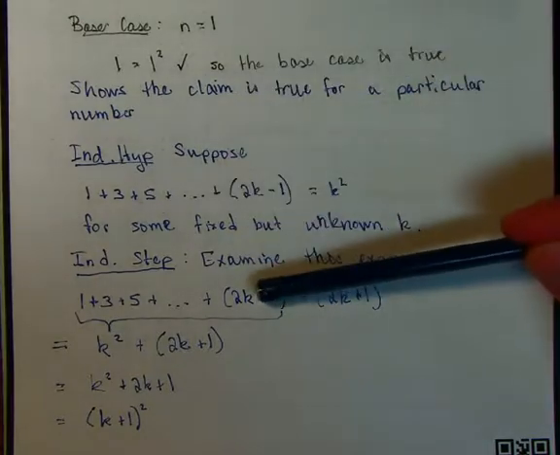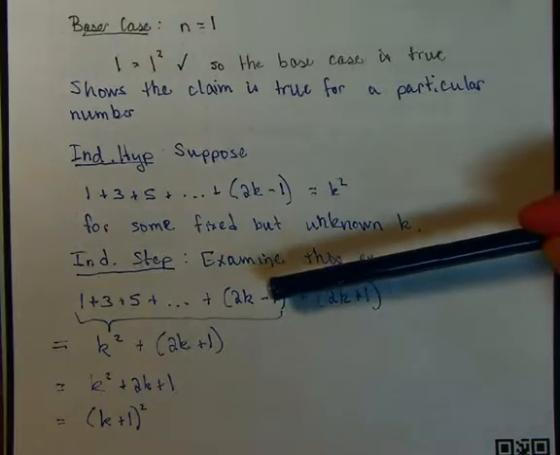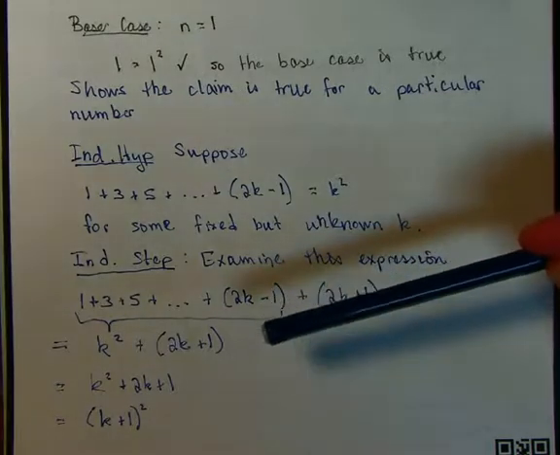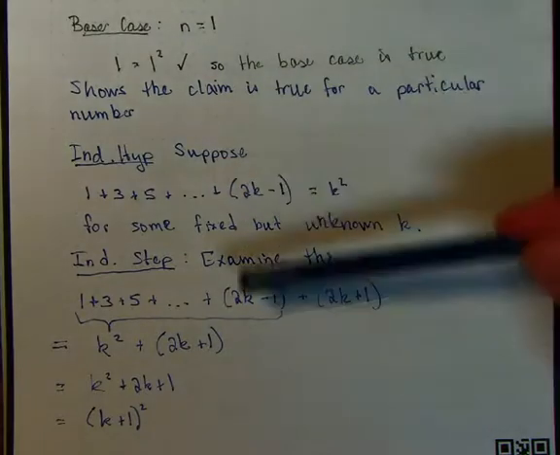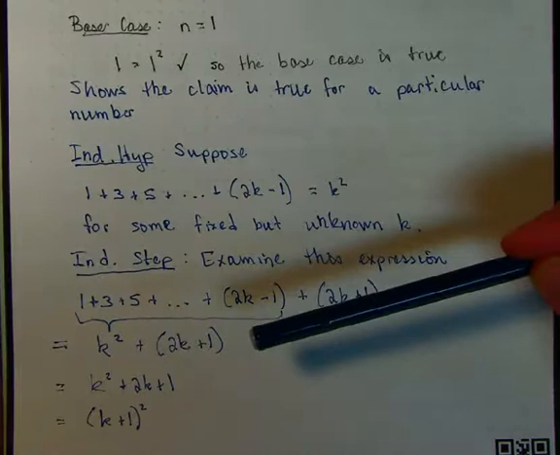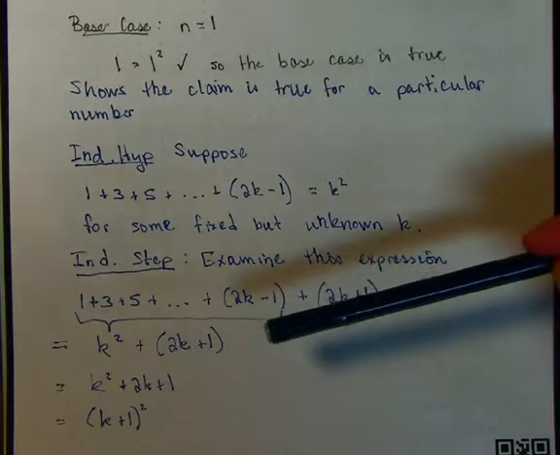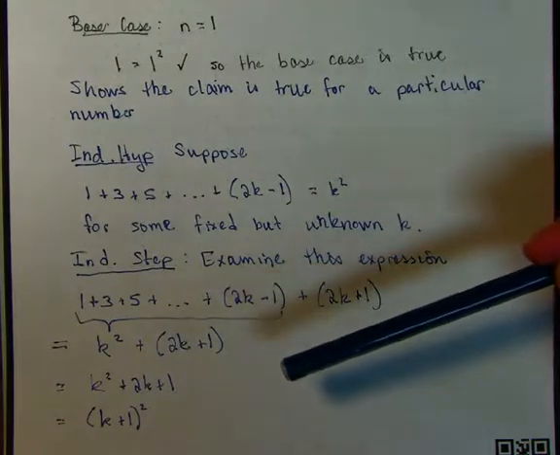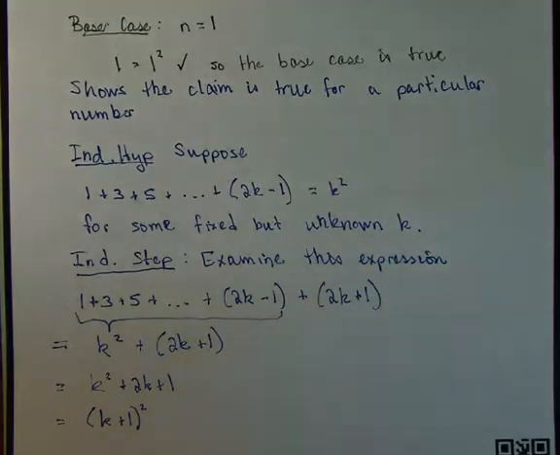So the fact that our claim is true for n equals 1, combined with this, means that our claim is true for n equals 2. And the fact that the claim is true for n equals 2, combined with this, means that the claim is true for n equals 3. And the fact that the claim is true for n equals 3, combined with this, implies that the claim is true for n equals 4, and so on down the line. We can keep on going and going.